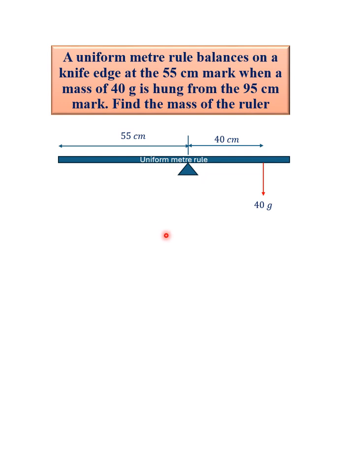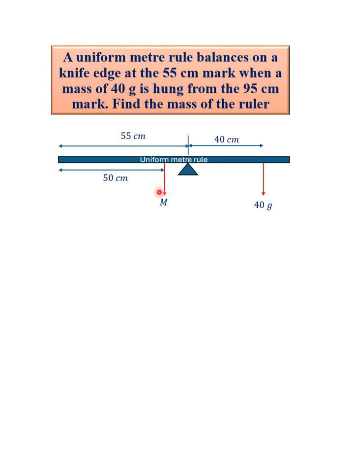For a meter rule that is uniform, as in this question, the center of gravity is at the 50 centimeter mark, which means the mass of the meter rule, let's call it m, because that's what we are calculating for, will be at the 50 centimeter mark.